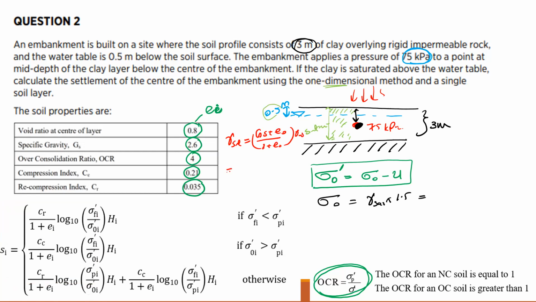So when you put those values, 2.6 plus e naught, which is 0.8, divided by 1.8, times 9.81. So we can find this.